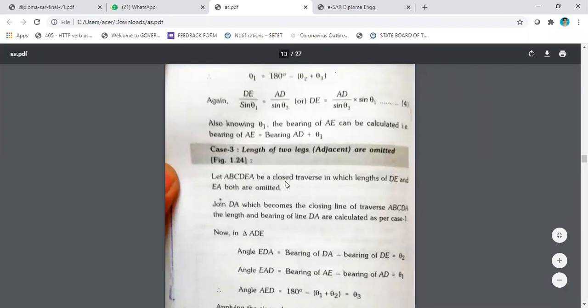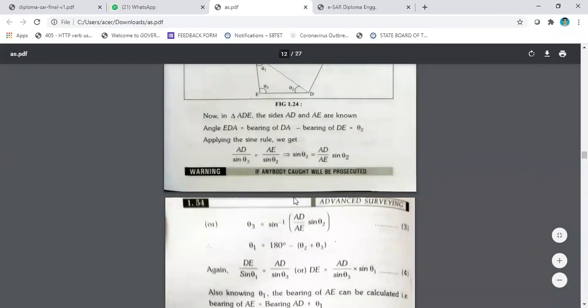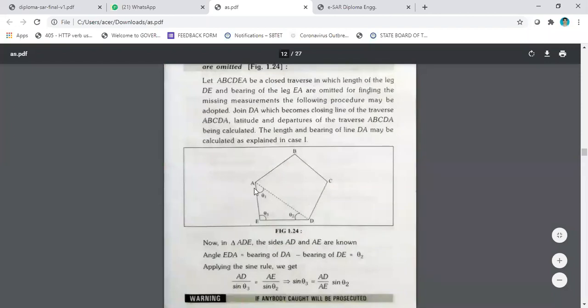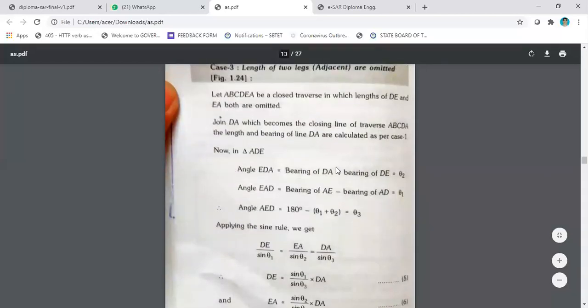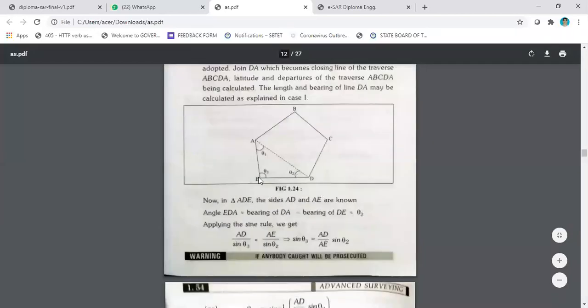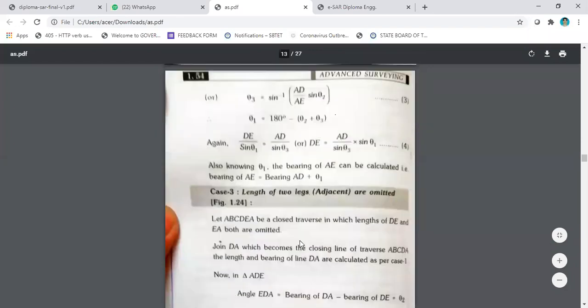Okay, let ABCDE be the closed traverse, in which lengths of DE and EA are both omitted. You can refer to this diagram A, B, C, D, E. DE and EA, 2 lengths are omitted. We know every angle, but length is omitted.